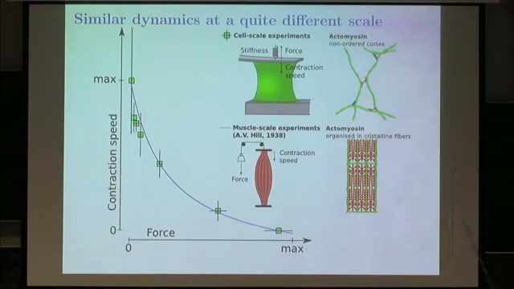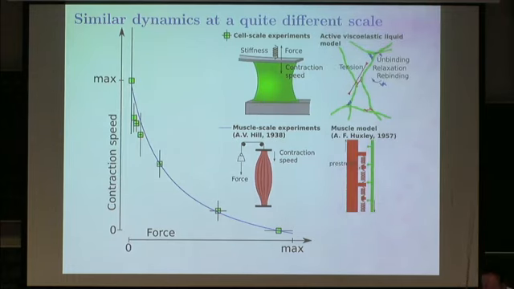So, it's surprising that the 2 would match when you know that it's the same molecules in there, actin and myosin, but the organization is completely different, and a physicist wouldn't tolerate that the disordered system and the crystalline system have the same signature. Well, though, in the modeling, there are similarities.